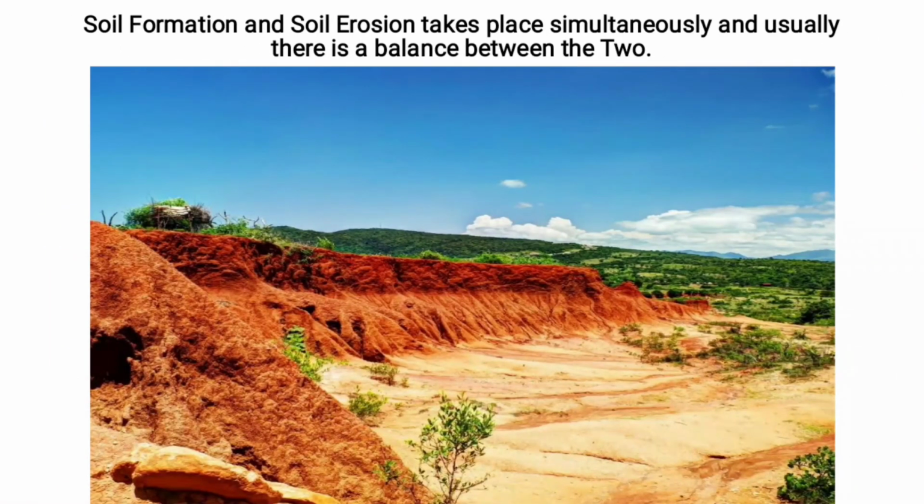So students, we have learned about soil as a very important resource. We have also learned the two components of the soil and also the various soil types found in India. At the same time, we have also learned about what soil erosion is and what the forces are that lead to soil erosion.